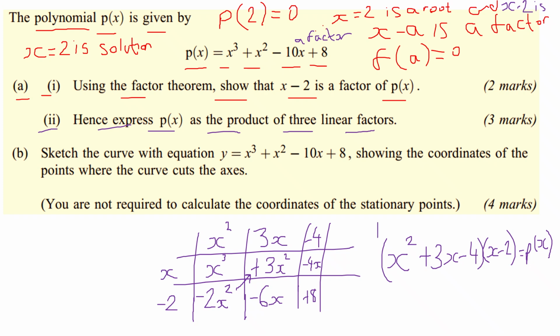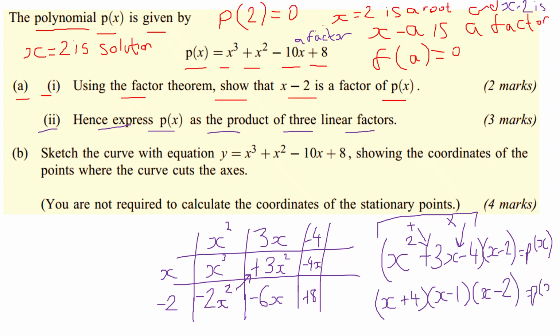I'm now going to factorize this quadratic so it's nice and easy. So it's going to be double bracket, so x and x go in both. Two numbers that add to make plus 3, and the same two numbers that multiply to make minus 4. That'll be plus 4 and minus 1, or minus 1 and plus 4. That is equal to p of x.